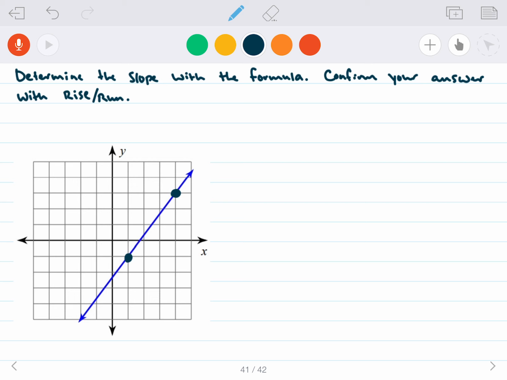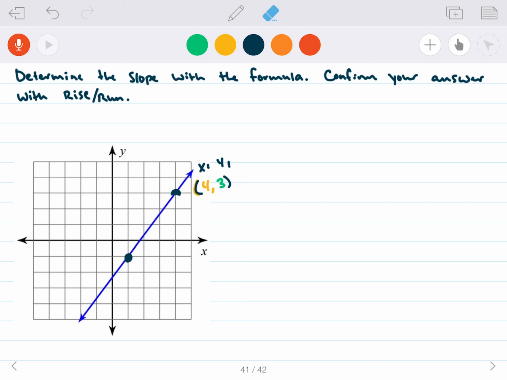So this point, if we look at the middle and we see how much it goes in the x direction, we go out 1, 2, 3, 4 in the x direction, and then up 1, 2, 3 in the y direction. So we can call that x1, y1 if we want to, our first point basically.